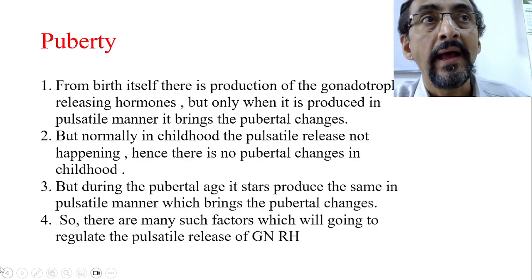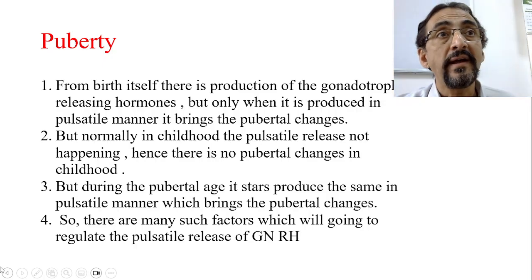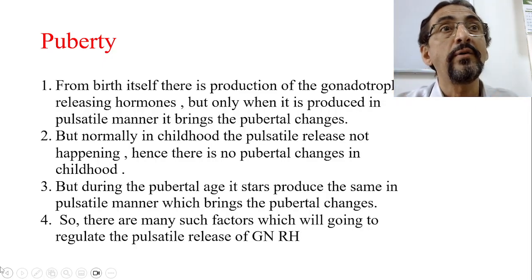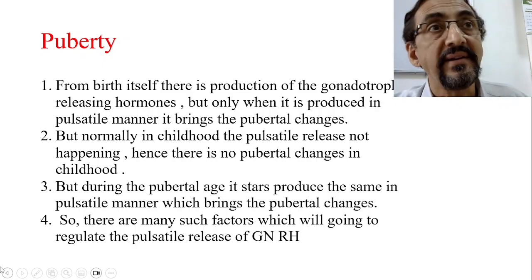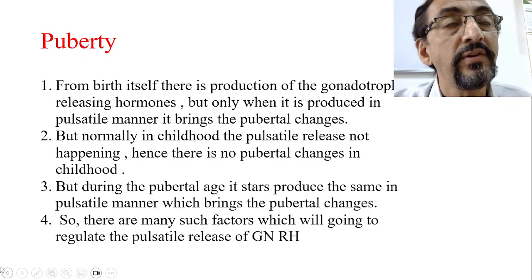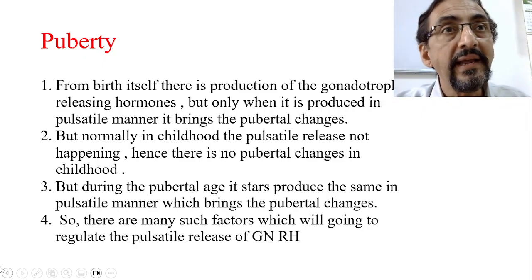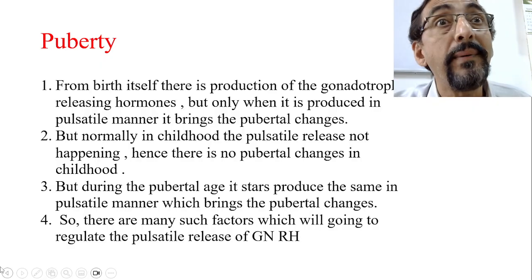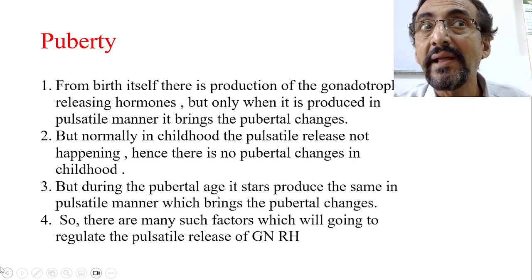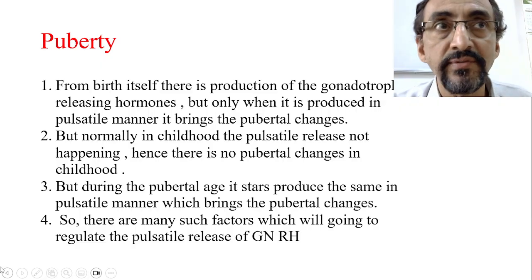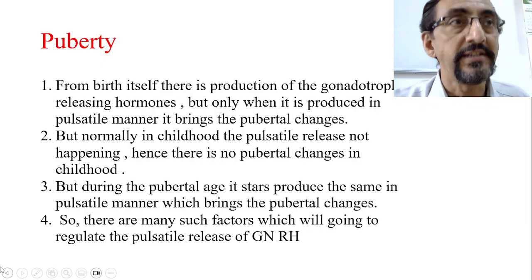As the child approaches puberty, many factors are acting and influencing this GnRH, which makes the GnRH be produced in a pulsatile way, whereas previously it was produced continuously. These factors compel it to be produced in a pulsatile way, so that puberty changes will occur. If this is not happening, due to some problem, we cannot expect the normal puberty changes.